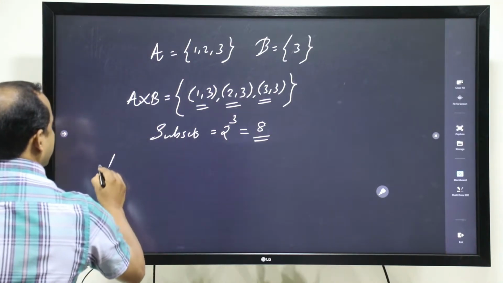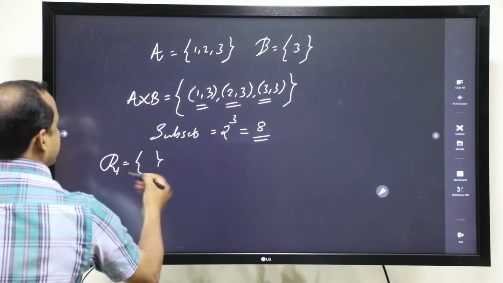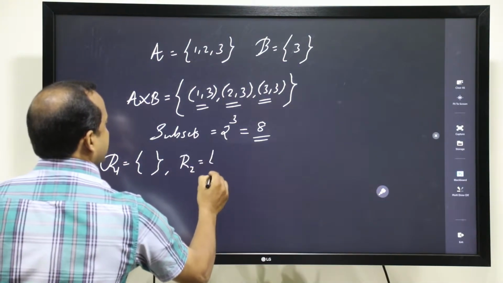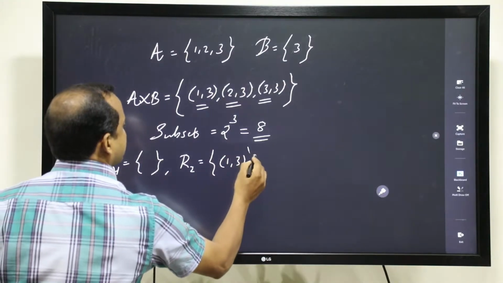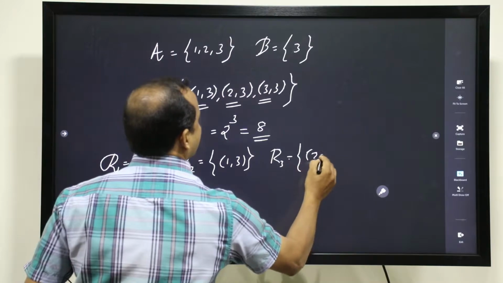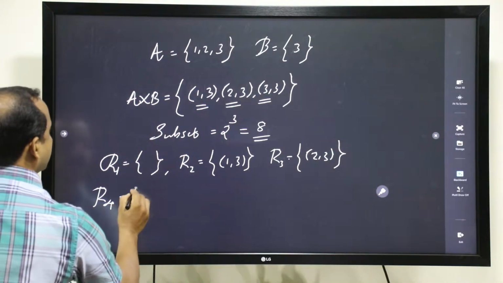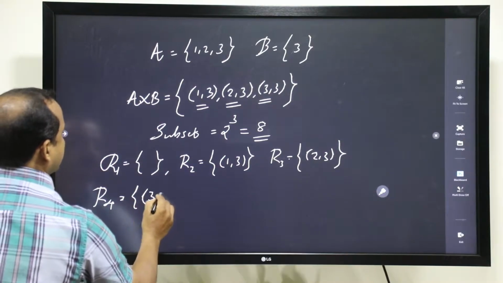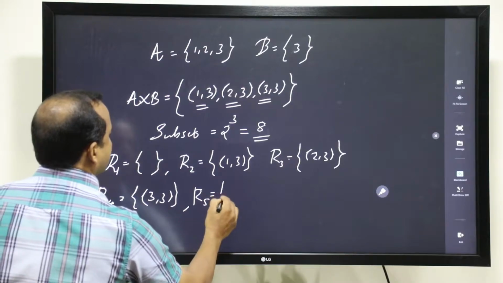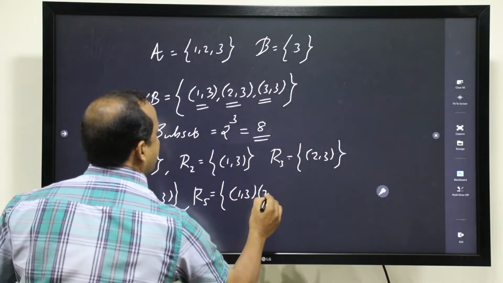Here the first subset, suppose you denote R1, is the null set. Then the second, R2, contains one element (1, 3). R3 is equal to {(2, 3)}. R4 is equal to {(3, 3)}. R5 contains 2 elements: (1, 3), (2, 3).